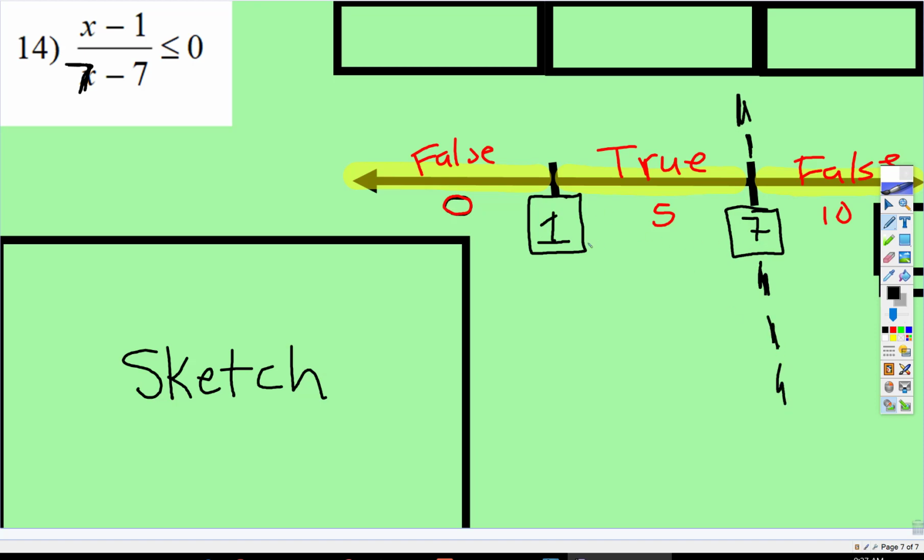So when we do our interval notation, the 1 gets the square bracket, but the 7 gets an open parentheses, even though there's a solid line. So look at what we have. This region between 1 and 7 is true. That's where all the values will be negative.